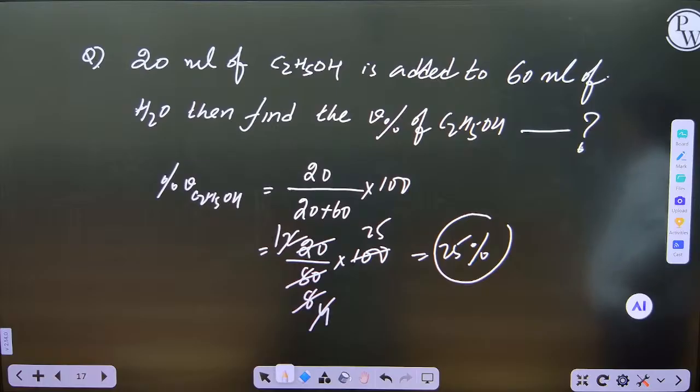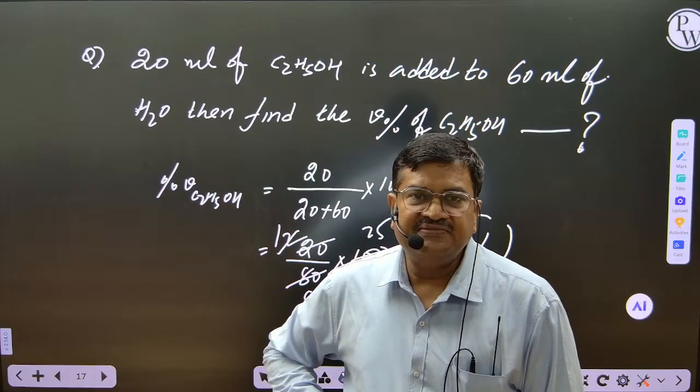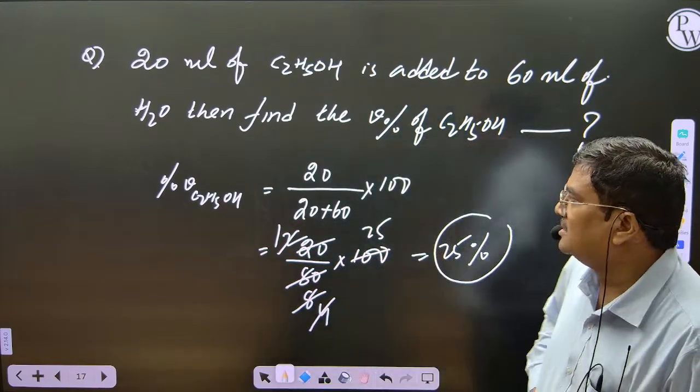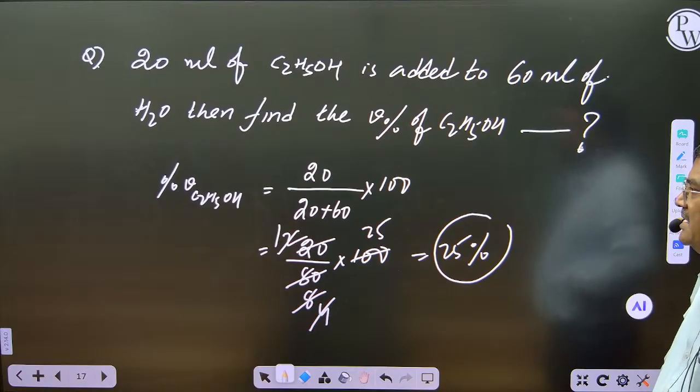Clear, all of you? Simple. So till now, concentration we learned, mass percentage we learned, volume percentage we learned. Now we go for the third one, mass by volume percentage.